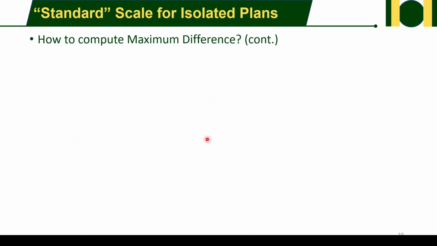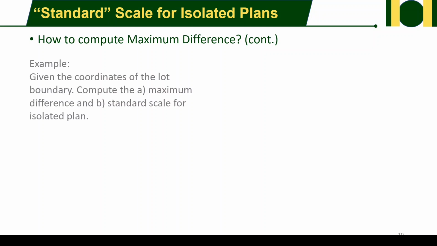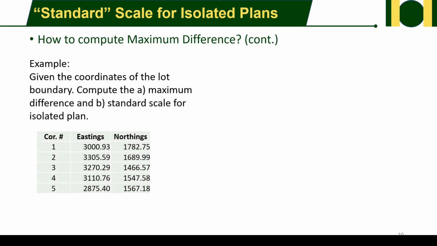Okay, so for example, you are given the coordinates of the lot boundary, and you are asked to solve for the maximum difference and standard scale for an isolated plan.